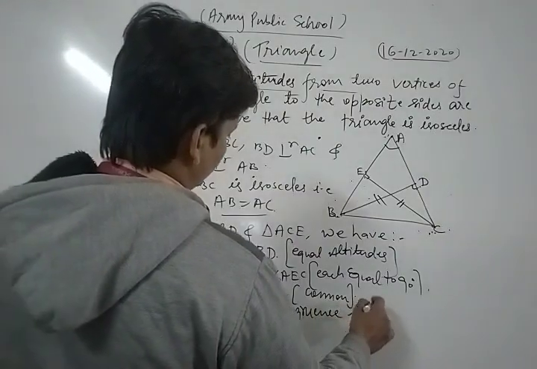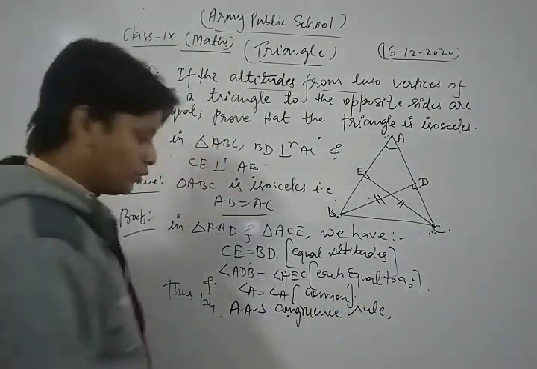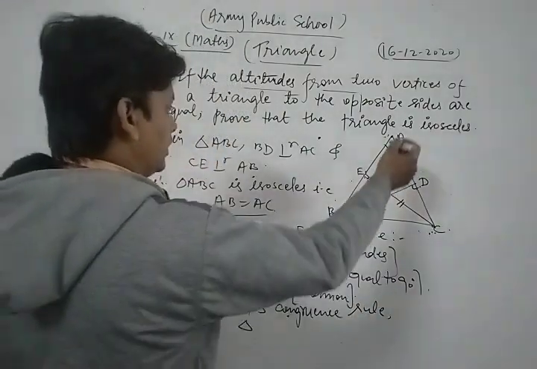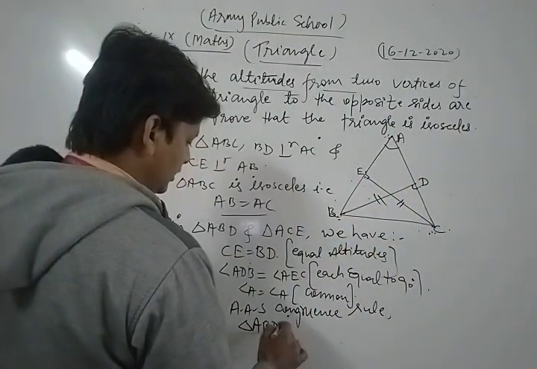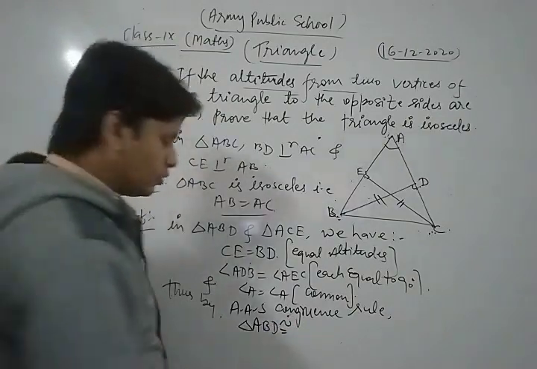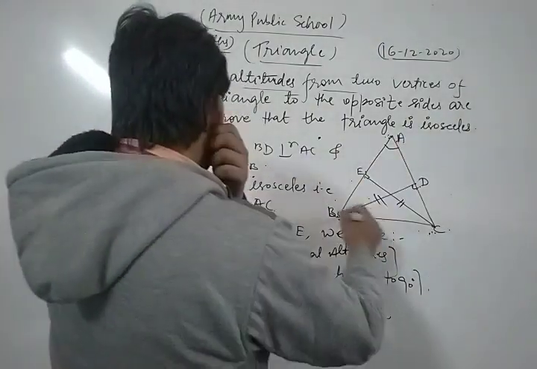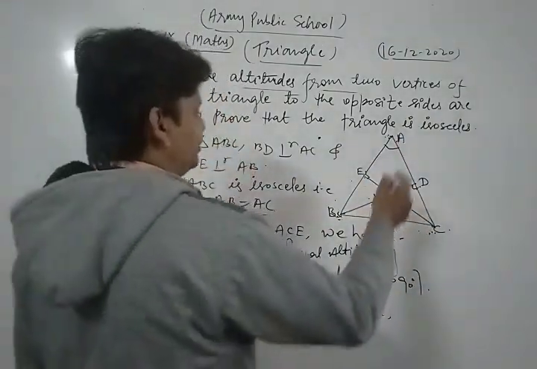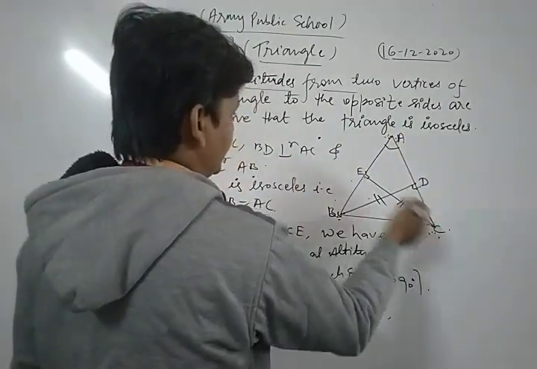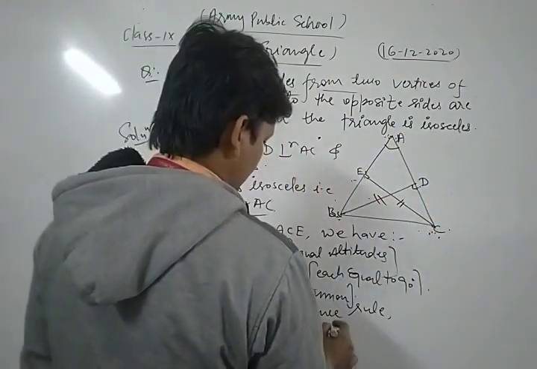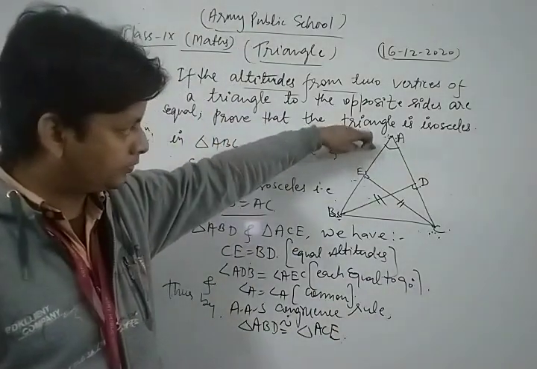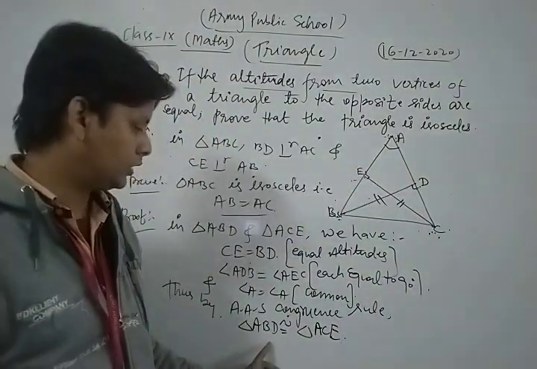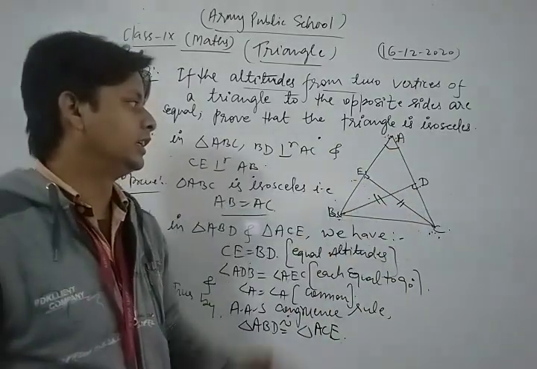We have the congruence rule, dear student: triangle ABD is congruent to triangle ACE. Okay, dear students, triangle ABD is congruent to triangle ACE.